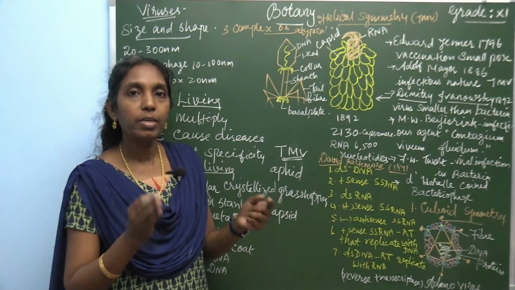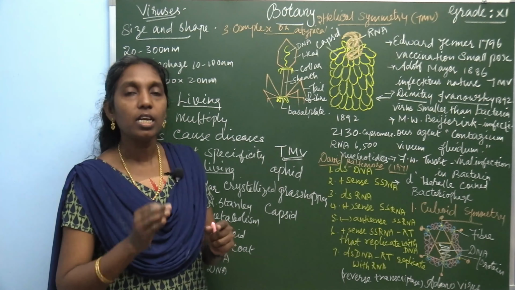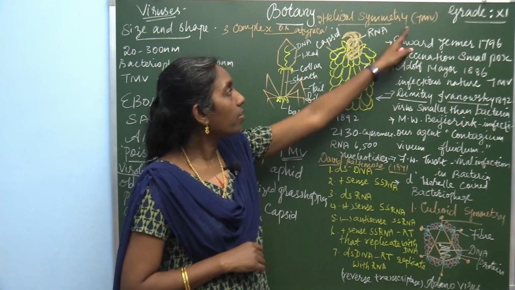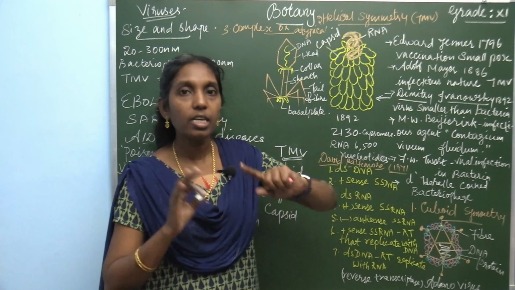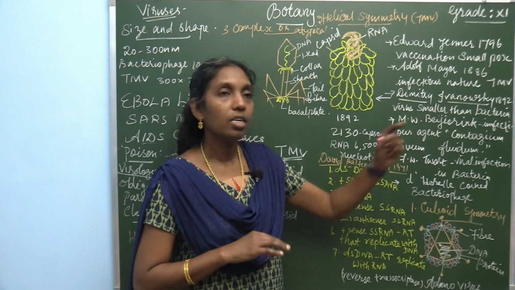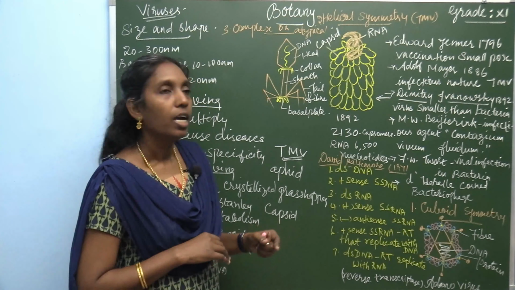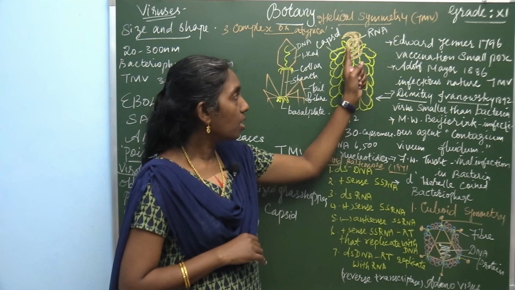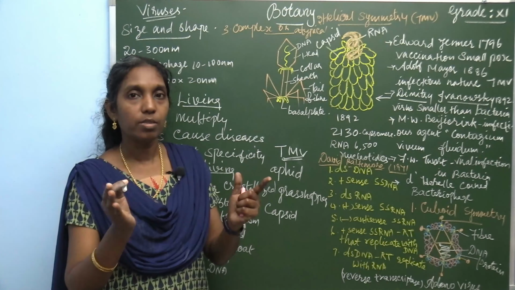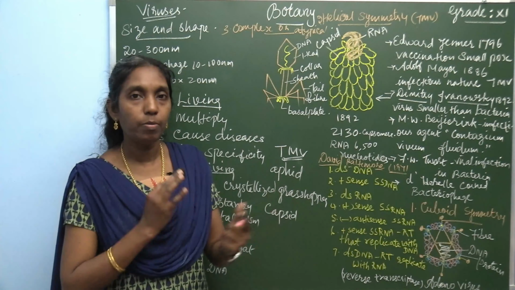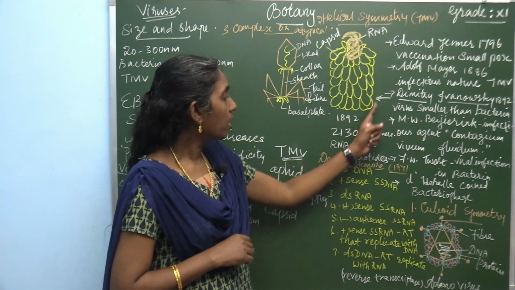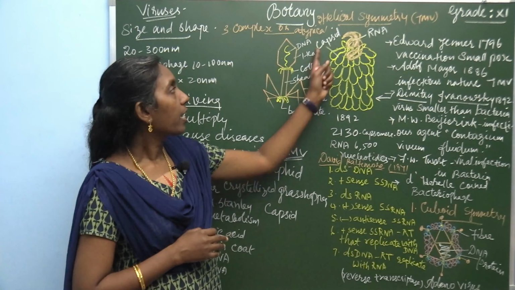So easily you can remember: the name of the plant is tobacco plant, and it is affected by a virus called tobacco mosaic virus, TMV, which was found out by Dmitry Ivanowski in 1892. The nucleic acid is surrounded by a protein coat. The structure is very simple: a nucleic acid core surrounded by a protein coat, and this protein coat is named capsid.